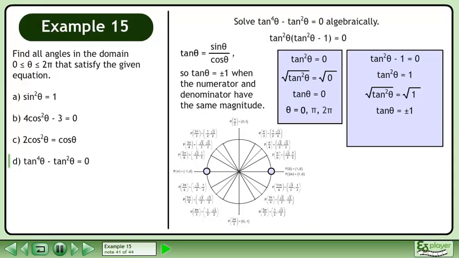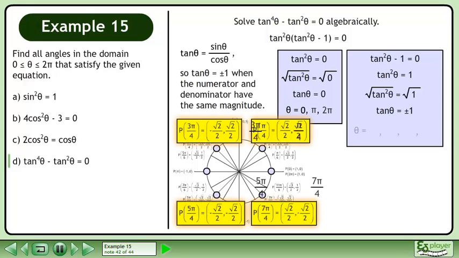Tan theta equals sine theta over cos theta, so tan theta equals positive or negative 1 when the numerator and denominator have the same magnitude. This occurs when theta equals pi over 4, 3 pi over 4, 5 pi over 4, and 7 pi over 4.